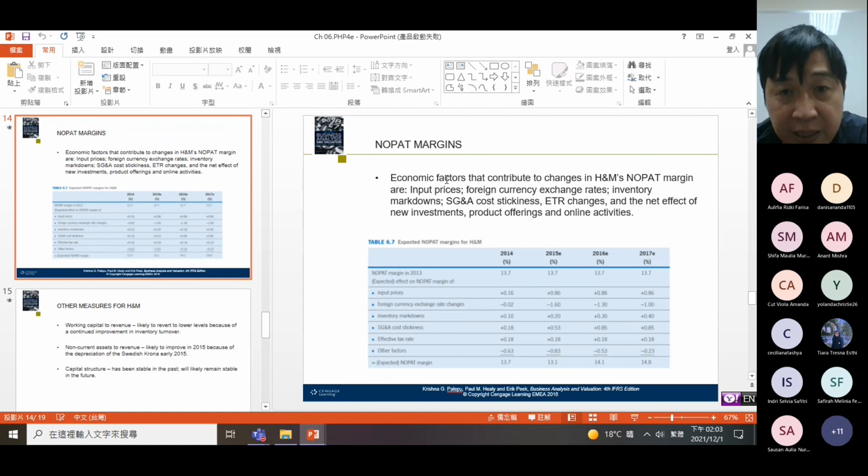For the NPAT margin, economic factors that contribute to changes in H&M's margin are input prices, foreign currency, inventory markdowns, SG&A cost stickiness, ETR changes, and the net effects of new investment, product offerings, and online activities.